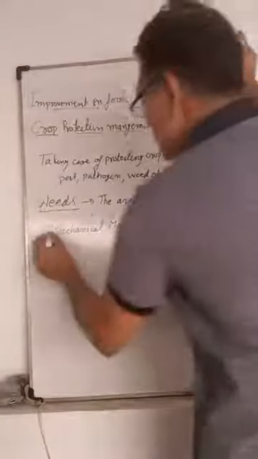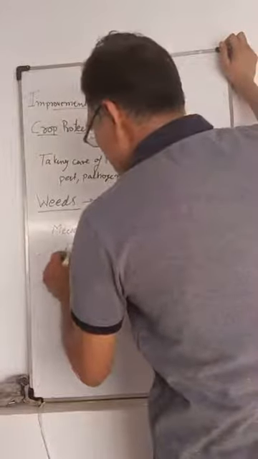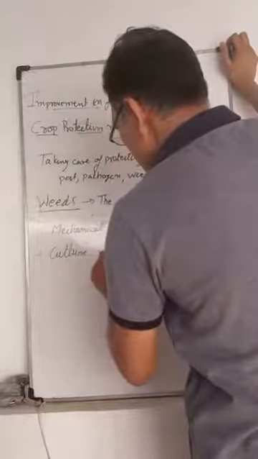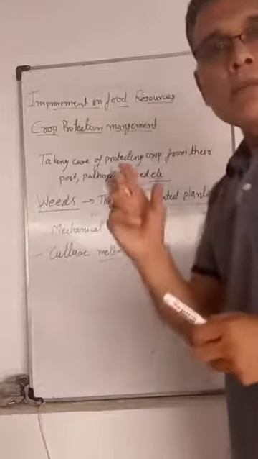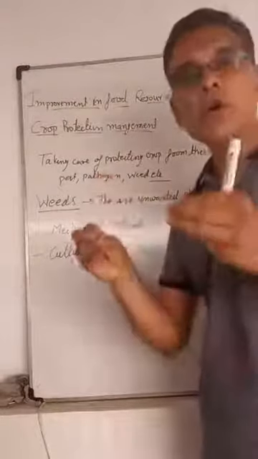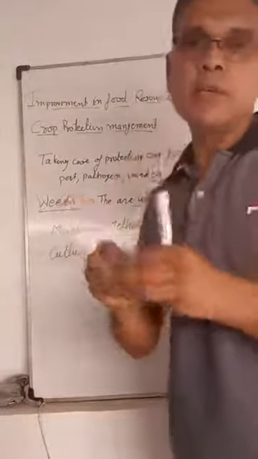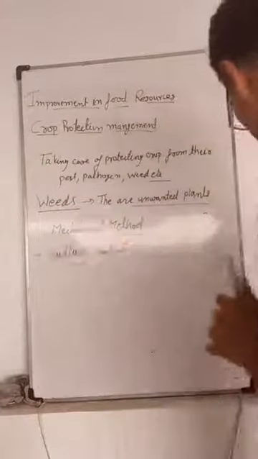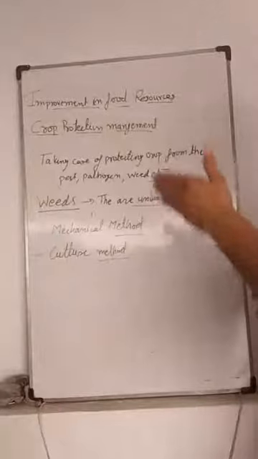Second is the cultural method, by sowing seeds at the proper time. If we grow the seeds at the proper time, the weeds cannot grow with the main crops, and we can control the weeds.